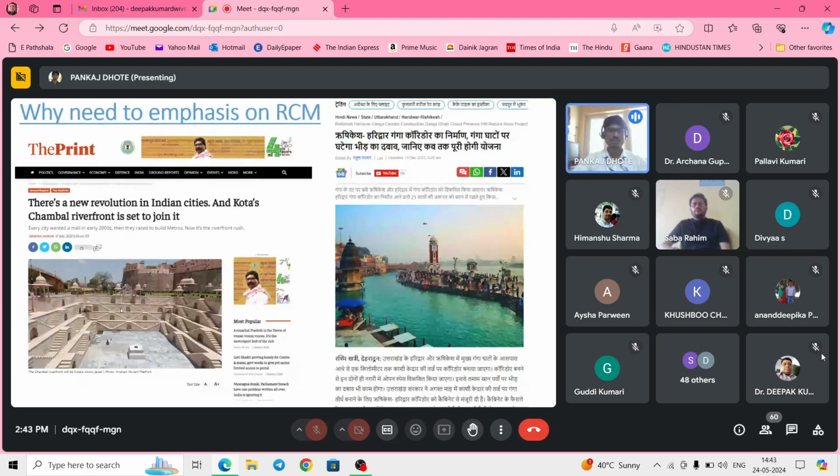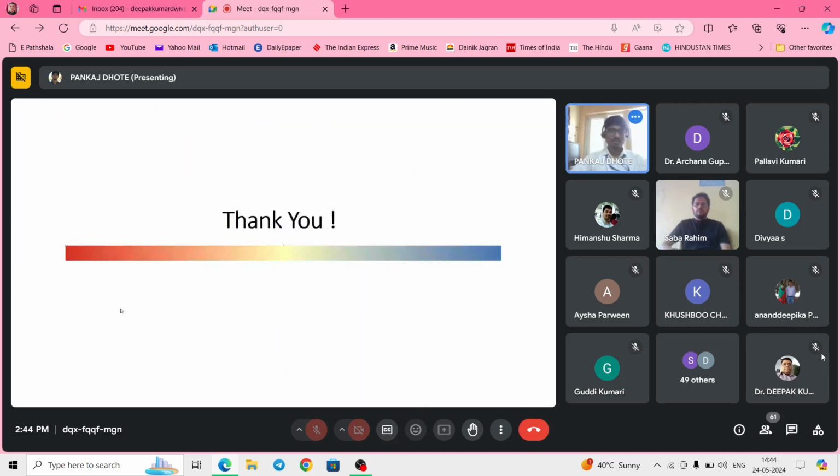We should be aware of how satellite data can be used for different components of it, and how different interdisciplinary people, like me with a background in water resources, and some people with a background in zoology who have more knowledge of the aquatic life, the fishes, crocodiles, can combine all this knowledge and come up with the riverfront. So thank you.